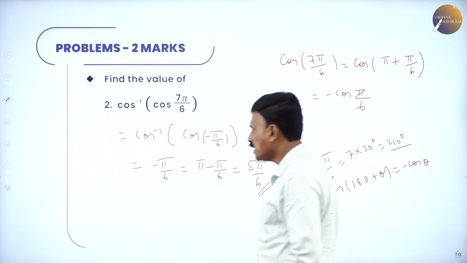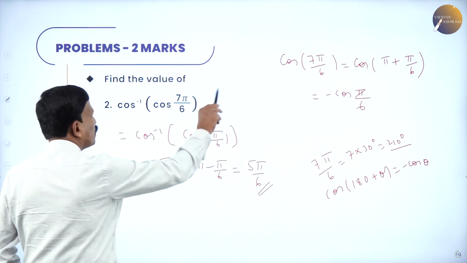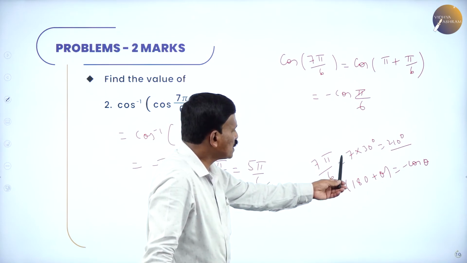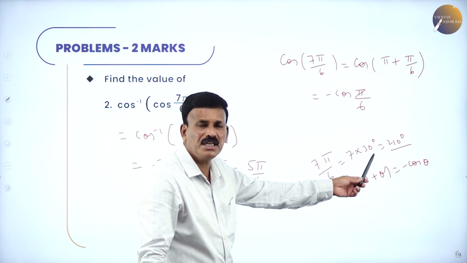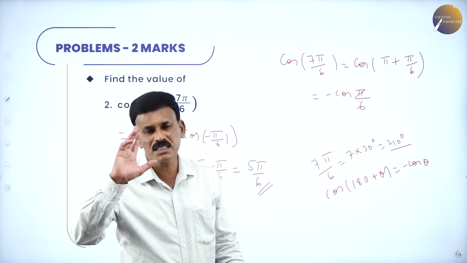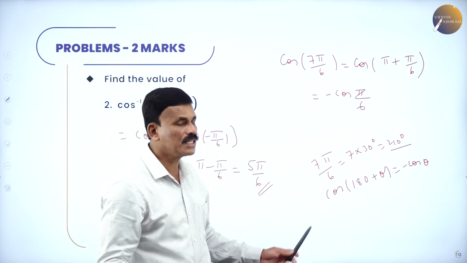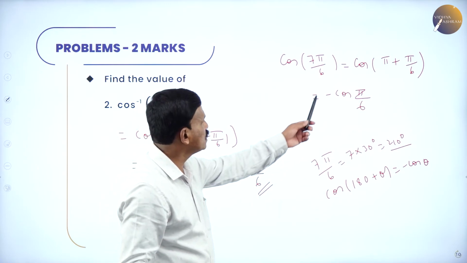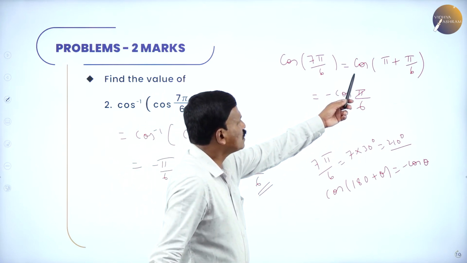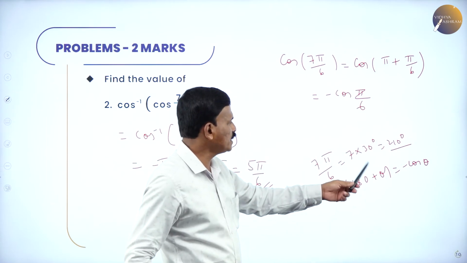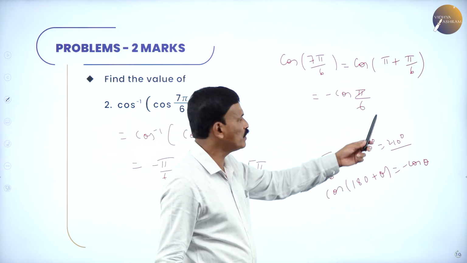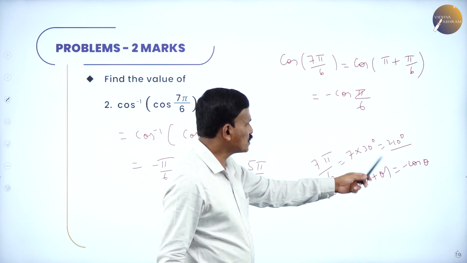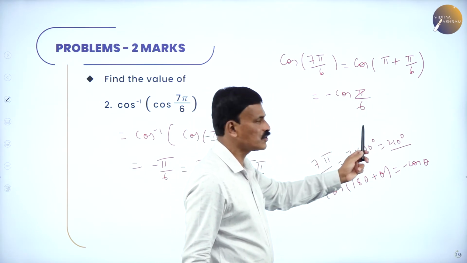I'll explain once again. Cos of 7 pi by 6. Since 7 pi by 6 is 210 degrees, 210 degrees can be written as 180 plus 30. 180 means pi, plus 30 means pi by 6. So cos of pi plus pi by 6. Cos of 180 plus theta is equal to minus cos theta, so we get minus cos pi by 6.